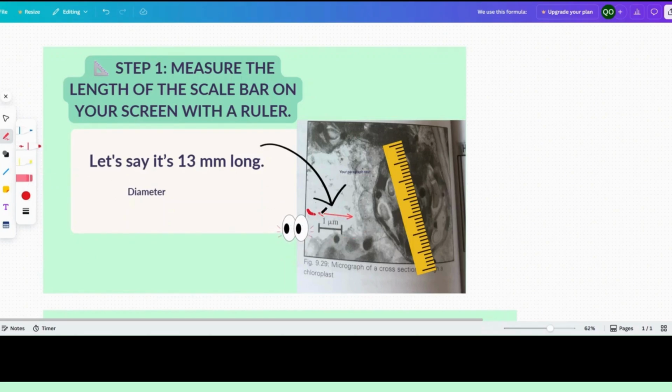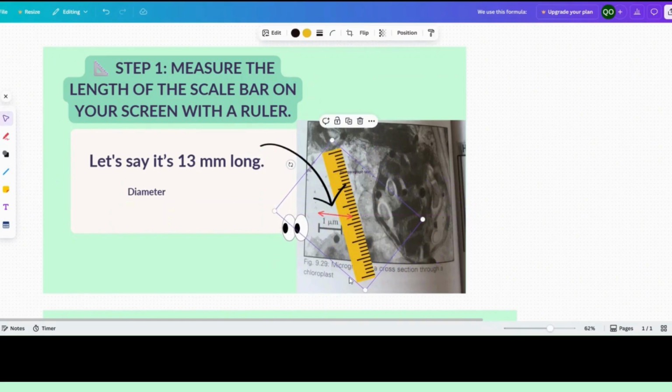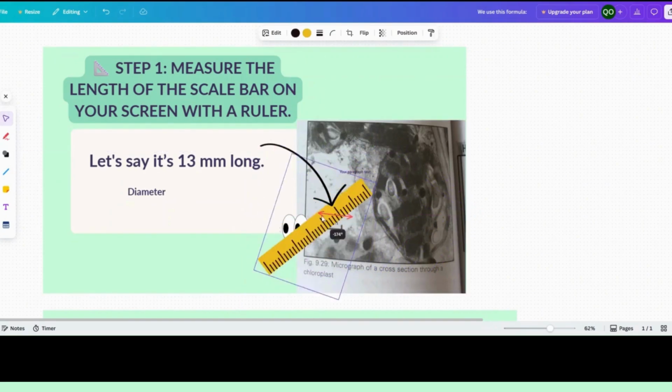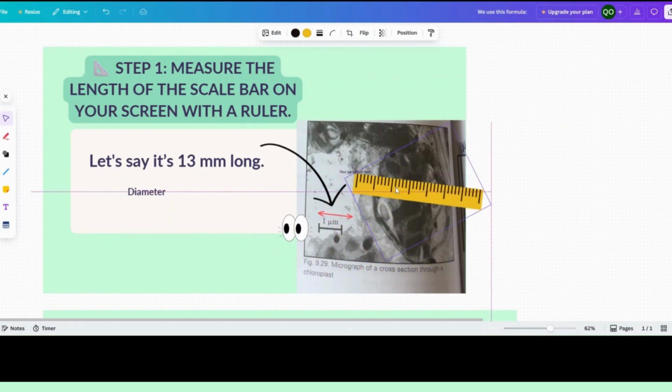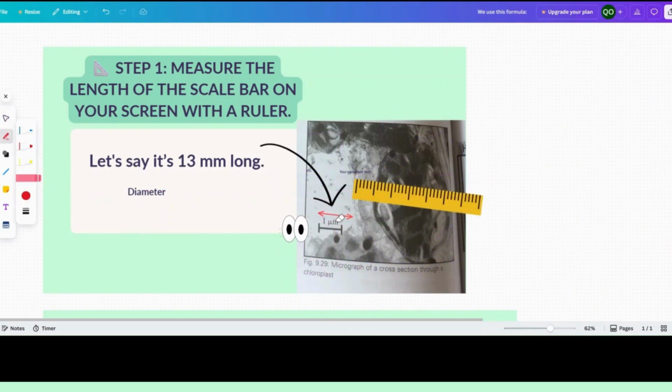So we are first going to take our ruler and measure that line. Let's say we measured it and we found it was 13 millimeters long, that scale line.